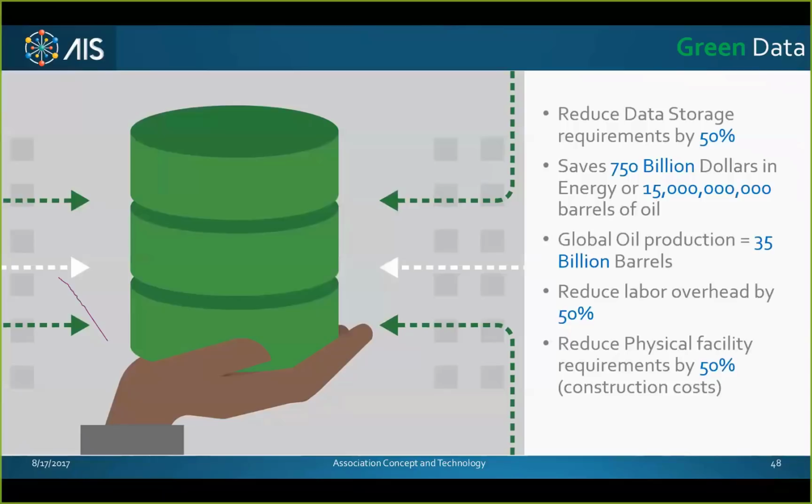So you're reducing oil requirements globally by 40%, simply by changing the science that you're using to process data. You're reducing overhead labor by 50%. You're reducing physical facility requirements by 50%, construction costs. So again, not necessary to build a 20 million floor data center when 2 will do.